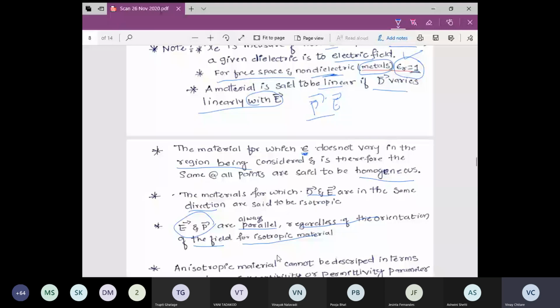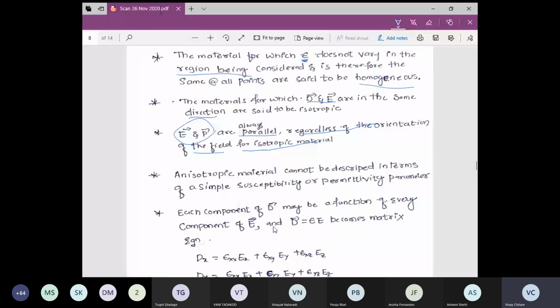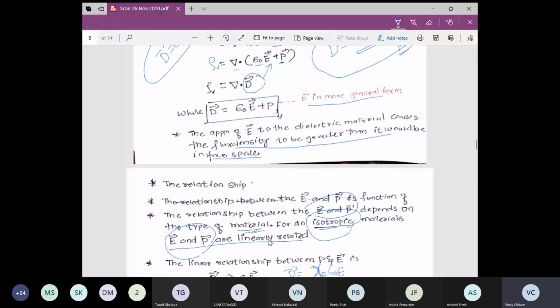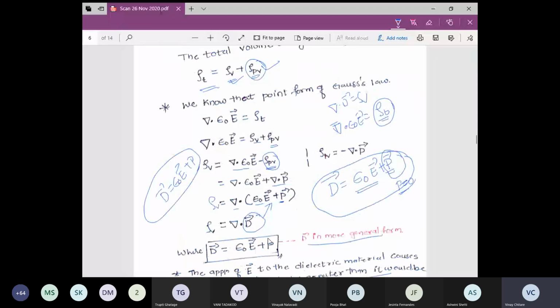So now we know how we got this relationship of D and E, and what happens when an electric field is applied to a dielectric material.